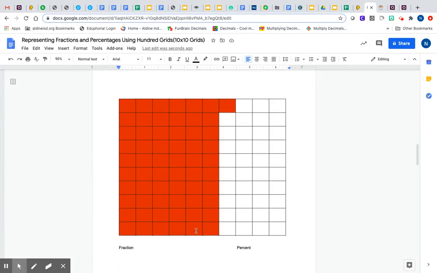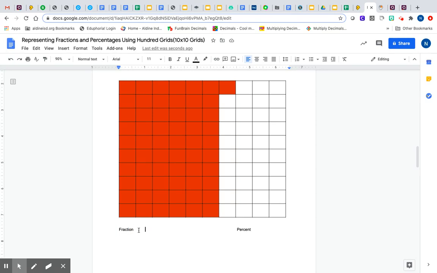Okay, we're moving down. All right, so in this illustration, how many do we have shaded in? 61. So my part is 61, and what's our total or our whole? 100.